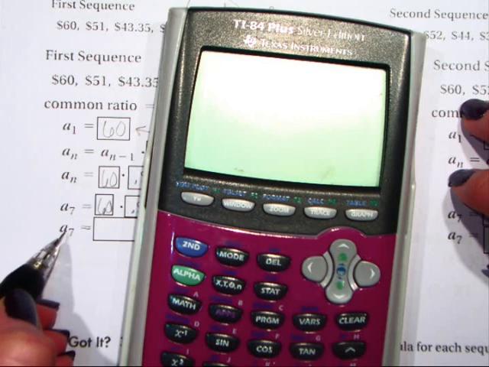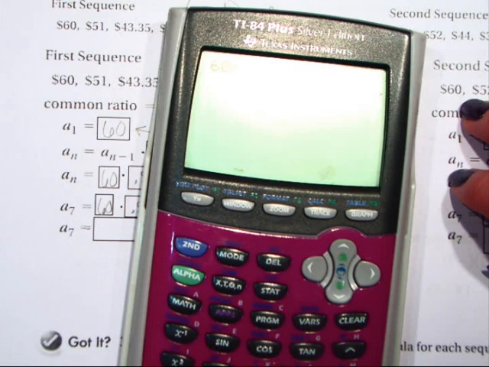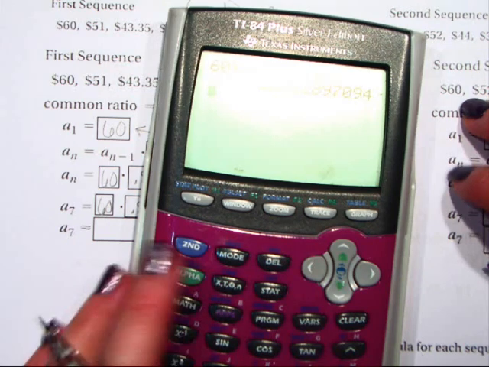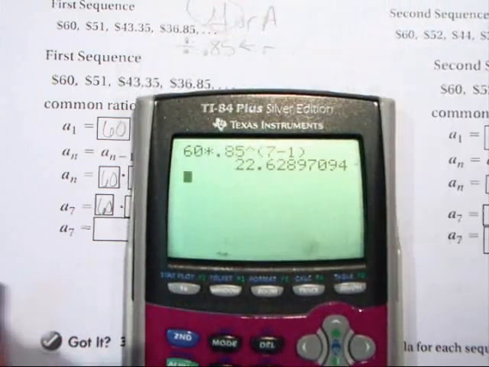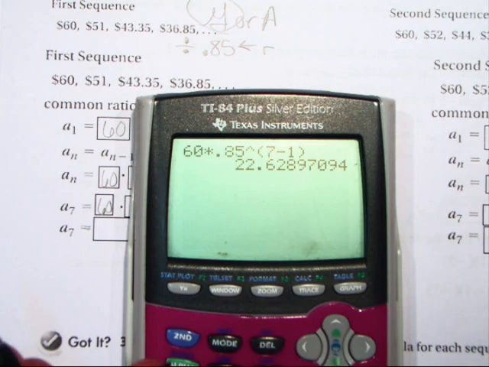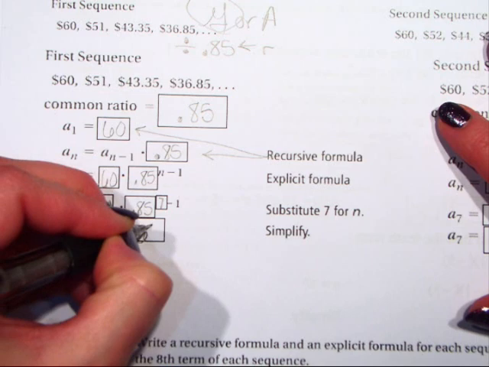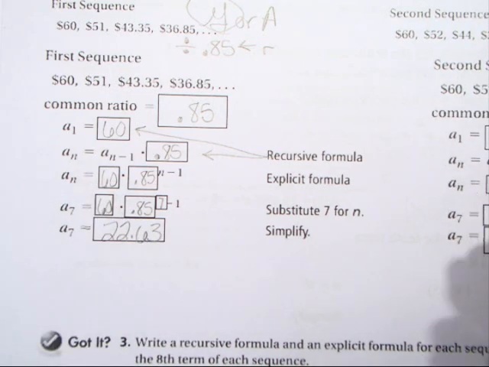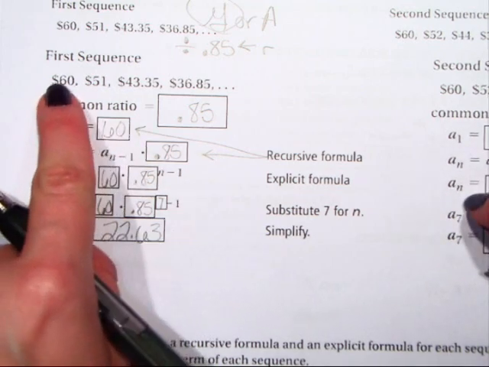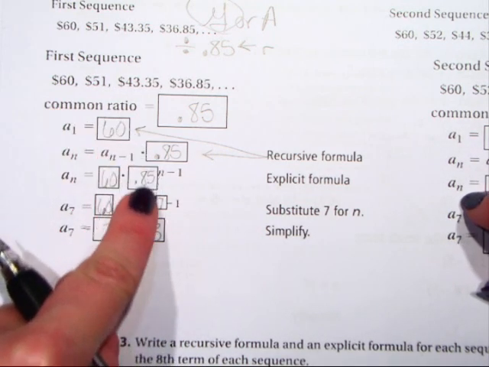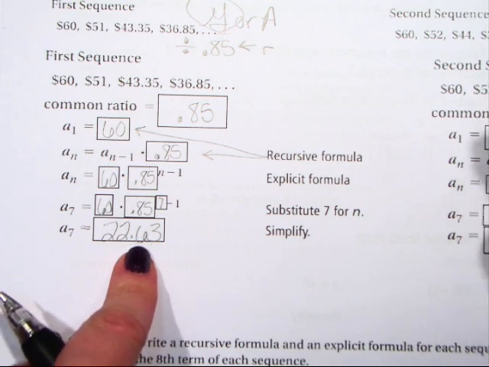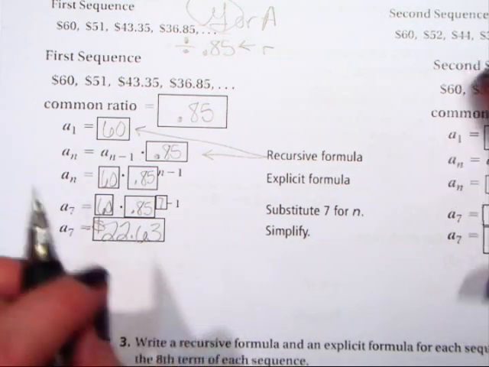Your answer in the 7th spot is $22.63. So originally this sweater or whatever it is, originally this item was $60. It's being marked down so that after the 6th markdown, the price is $22.63.